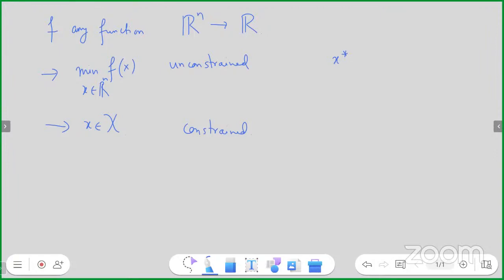What do you think is different about x star for the unconstrained problem or the constrained problem? If we are used to finding a function's optimum, what happens? How do you find it? Usually where the derivative is zero. So now, given that we have these two worlds, could you differentiate the two?